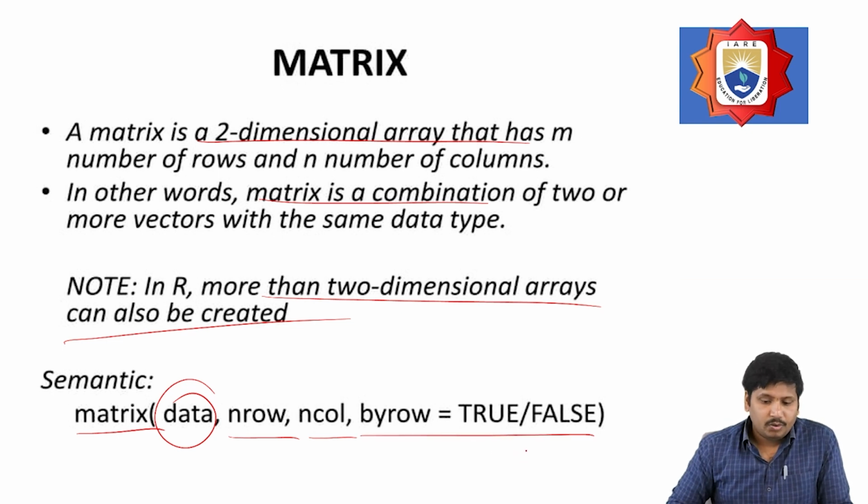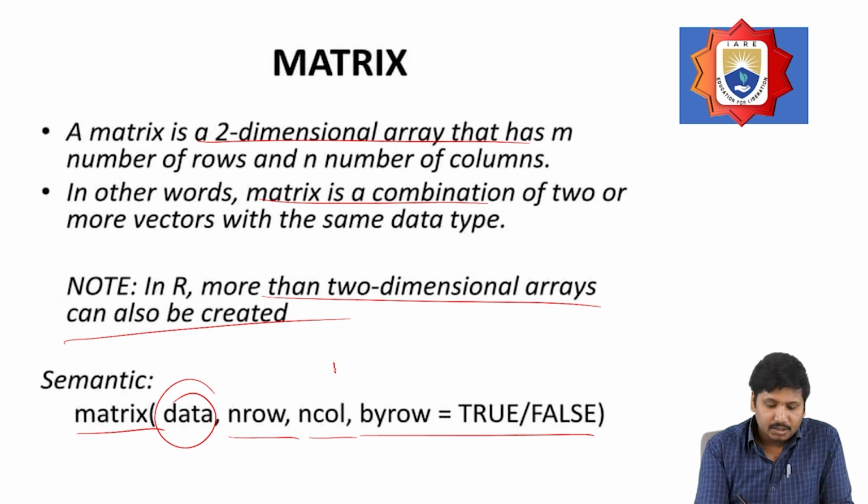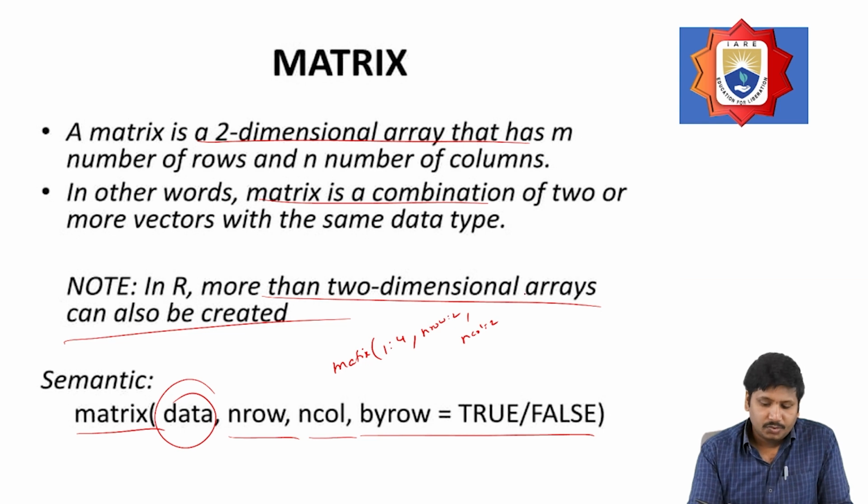So if I write a matrix of 1 to 4, with nrow equal to 2 and ncol equal to 2, the sequence of values from 1 to 4 is stored column-wise: 1, 2, 3, 4.